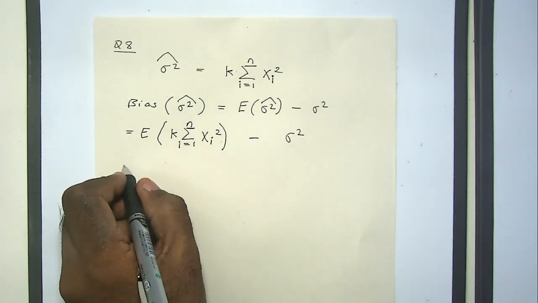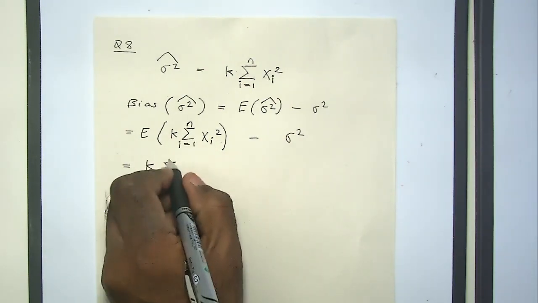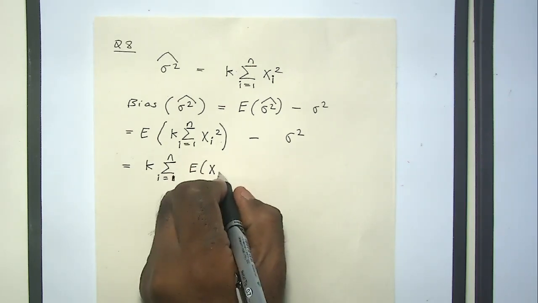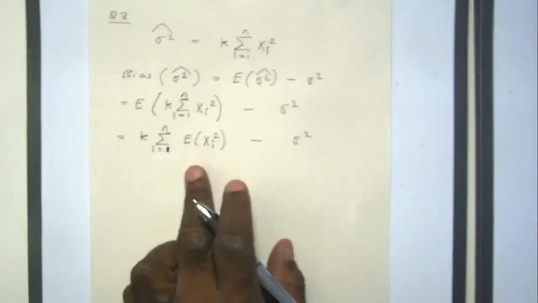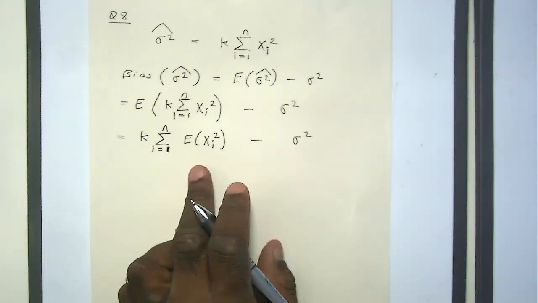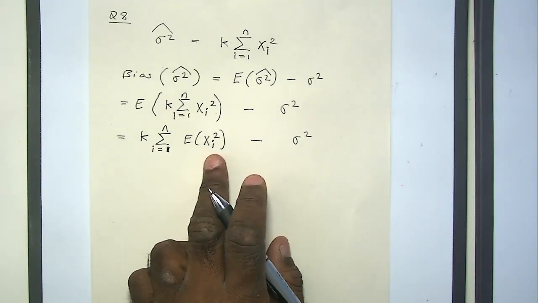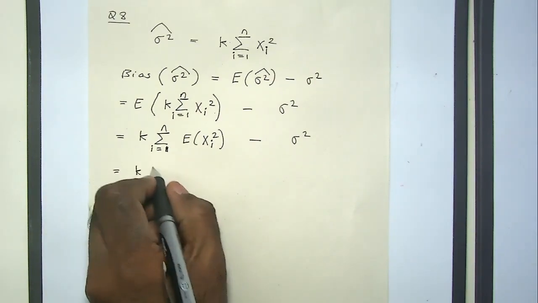Now take the expectation inside, you get k times... okay, now let me ask you, how can you find this? How can you find this, guys? Because you're only told that you have a random sample from a population with mean 0 and variance sigma squared. So to find it, you just need to do a little trick.